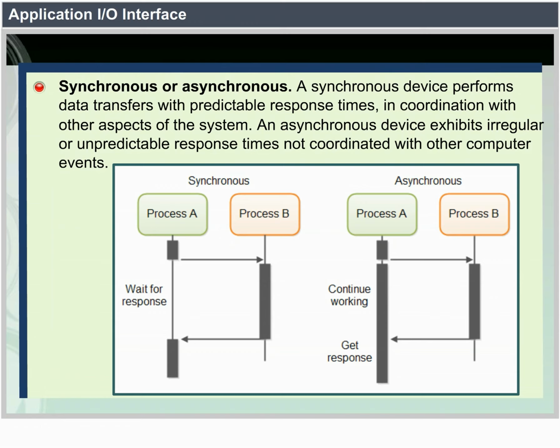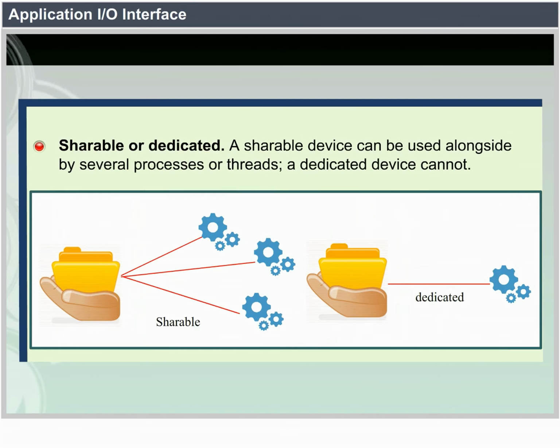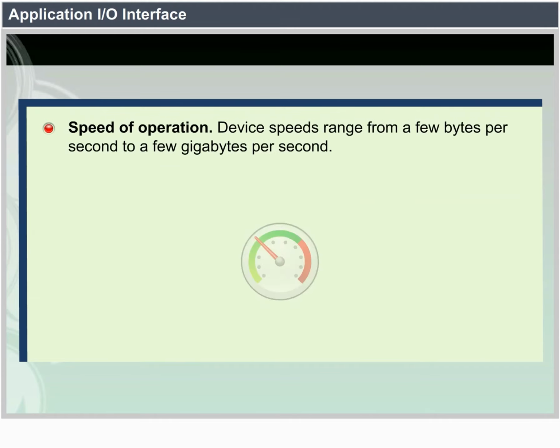An asynchronous device exhibits irregular or unpredictable response times not coordinated with other computer events. Shareable or dedicated. A shareable device can be used concurrently by several processes or threads. A dedicated device cannot.